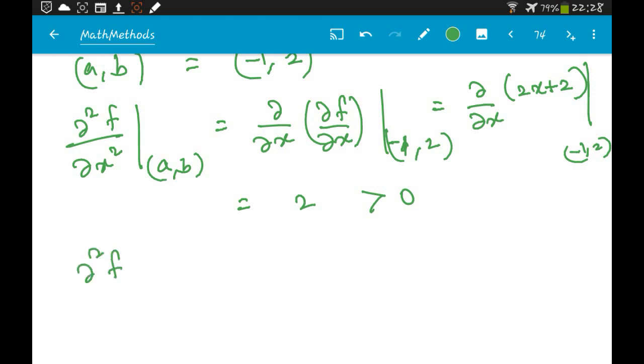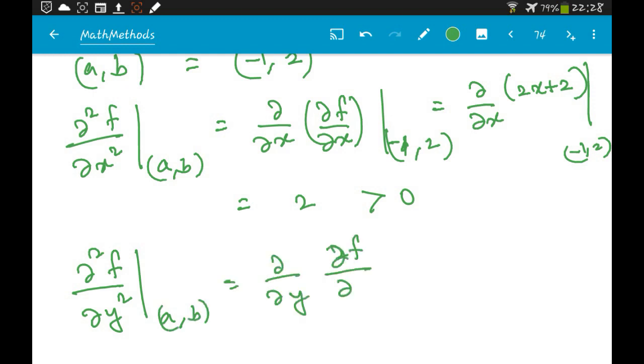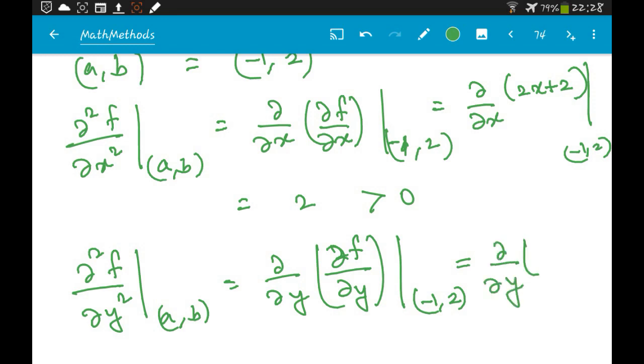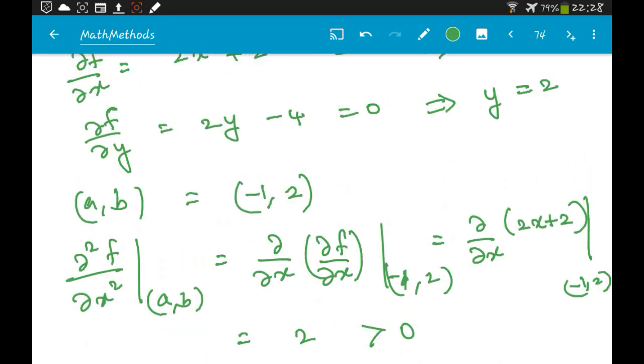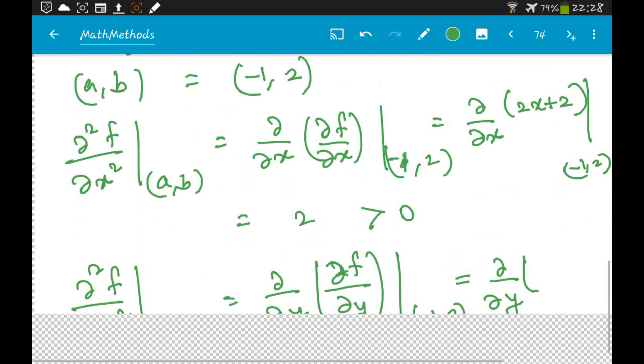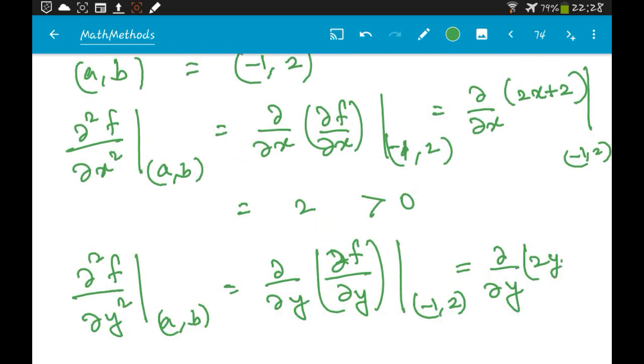Let's look at dou square f by dou y square at a comma b, which is nothing but dou by dou y of dou f by dou y at minus 1 comma 2. So we are going to get dou by dou y of, what is dou f by dou y? 2y minus 4. So 2y minus 4 will give you 2.